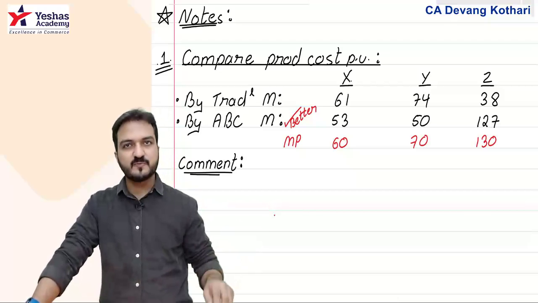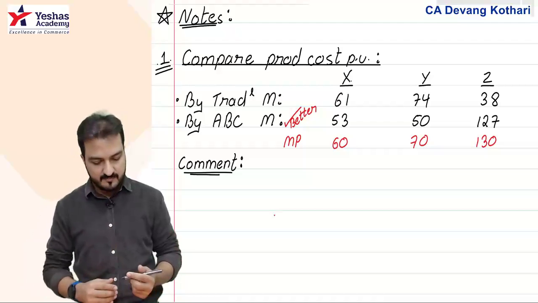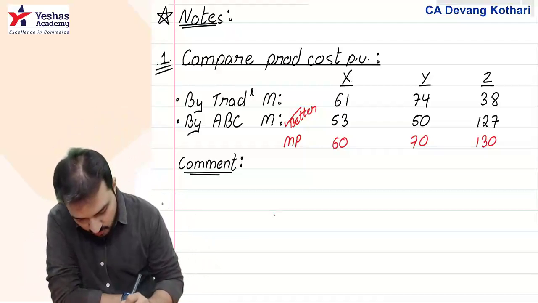Okay, so this was my note number 1, that is comparing both methods, traditional method and ABC method. Next, note number 2.